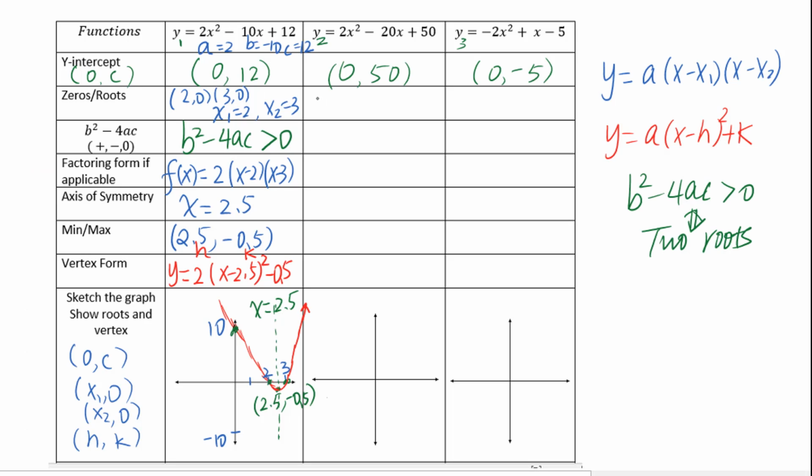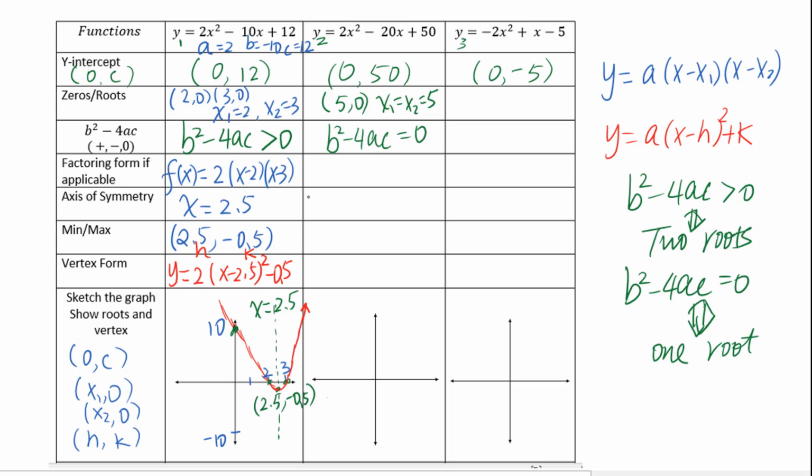Therefore, we can write down zeros is 5, 0, or x1 equals x2 equals 5. We know only one solution, which means b squared minus 4ac equals 0. So we write down b squared minus 4ac equals 0.